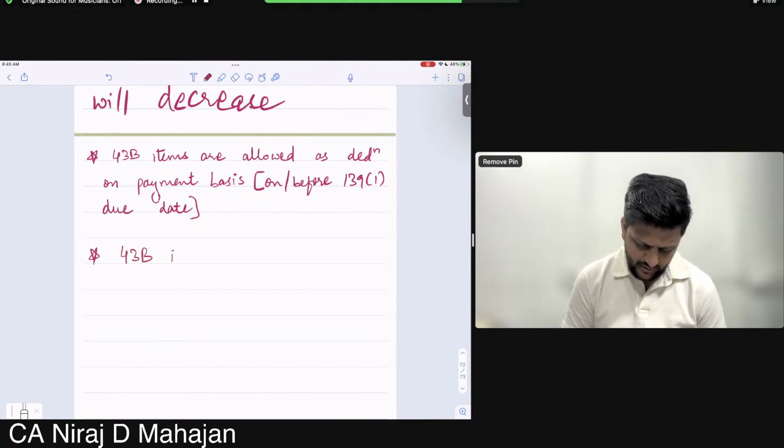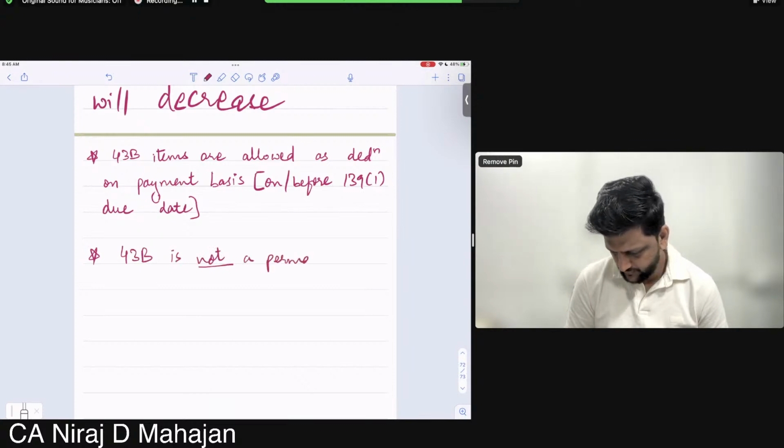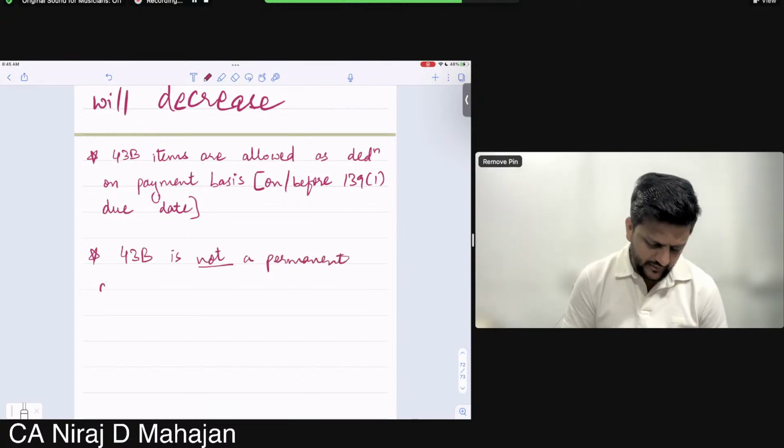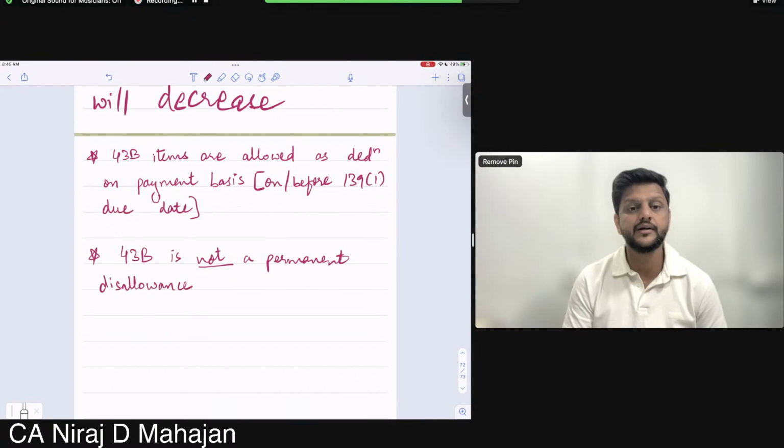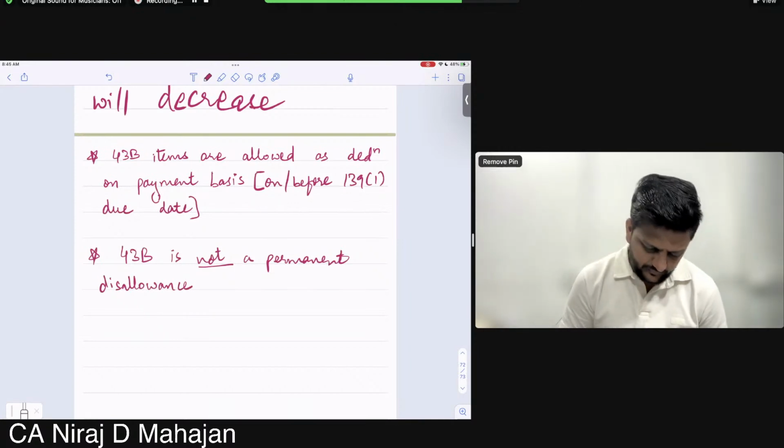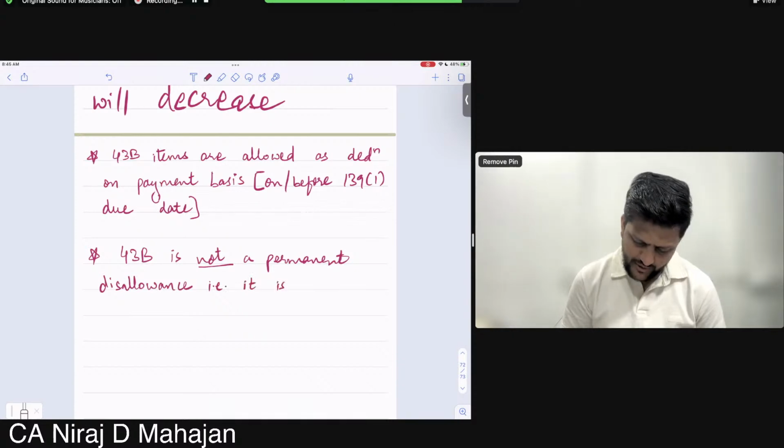43B is not a permanent disallowance. That is, it is allowed as deduction when actually paid.